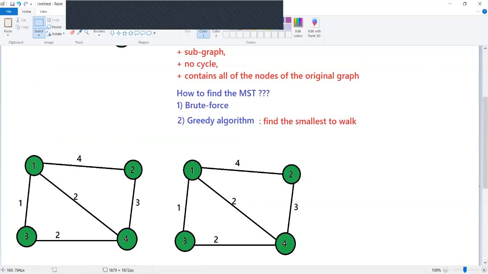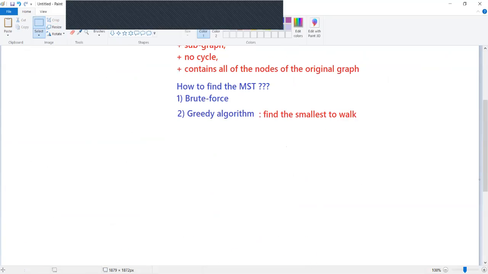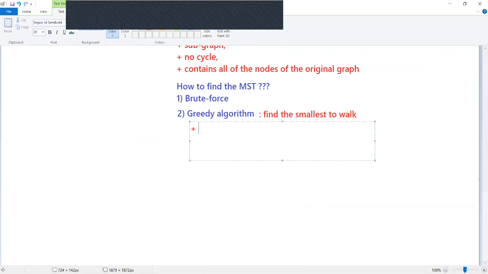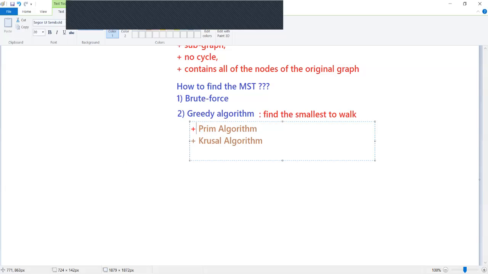Okay. So let's move this down a bit. And for the greedy algorithm, there are actually two types of greedy algorithm for this type of problem. One is Prim's algorithm, and the other is Kruskal's algorithm. On Blackboard, the TA and professor use Kruskal and put pseudo-code on Blackboard.